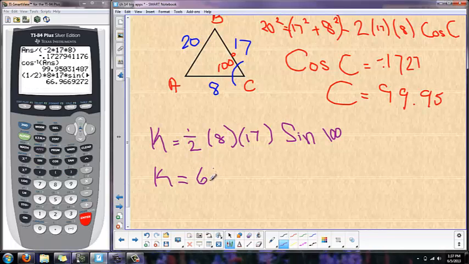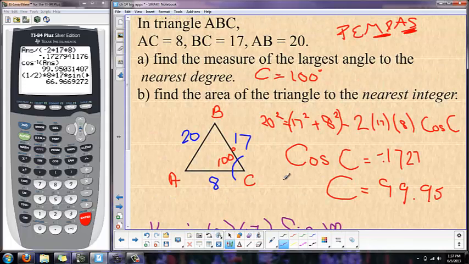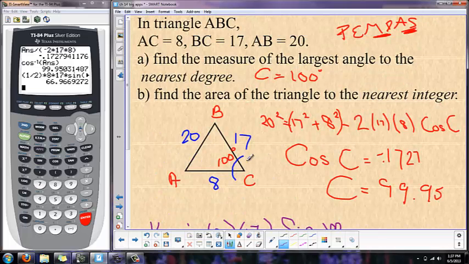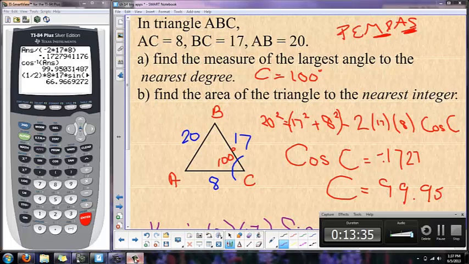The area is 66.9669, and it wants it to the nearest integer, so the area is 67, either inches squared or centimeters squared or whatever. Okay? So you might have two-part questions like this that you see on your homework, and I'm going to stop right here and start another one for you.